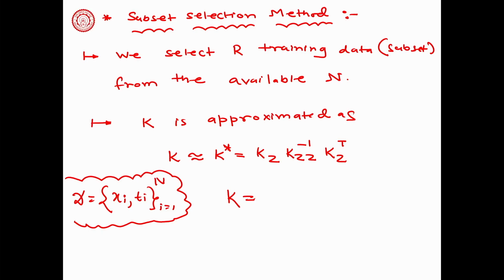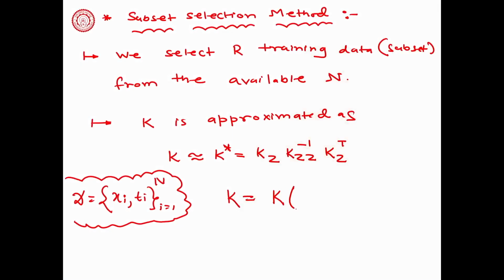How do you compute k? You take all the inputs x, so k x comma x prime, that is what you write. So, this is k x comma x prime, and what is the dimension? What is the dimension of this k? N cross n. Right?